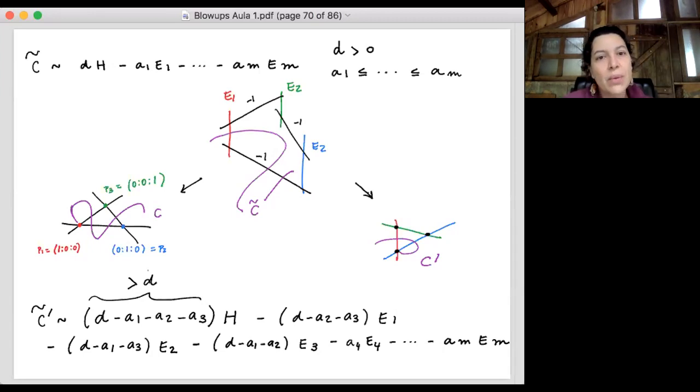And so in this way, we construct a -1 curve that has degree greater than D. And this is how you show that there are infinitely many -1 curves.